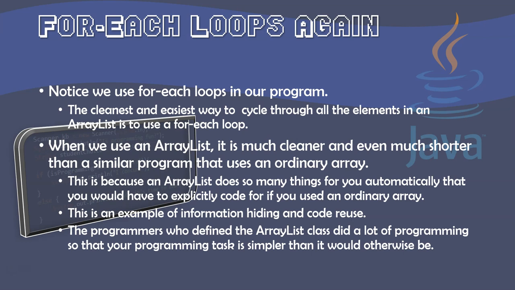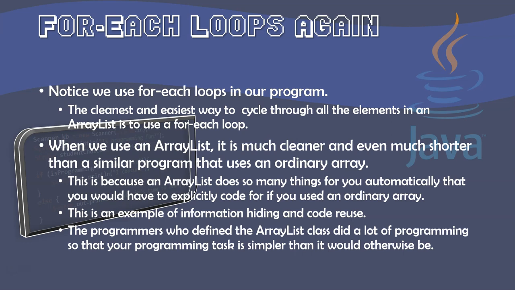The reason we can use for-each loops here is because an array list does a lot of the things that we'd have to manually code up explicitly in an array. Array list does it automatically. This is known as information hiding or code reuse, because this stuff is already done for us, so we don't have to reinvent the wheel, if you will, for how that array list is handled.